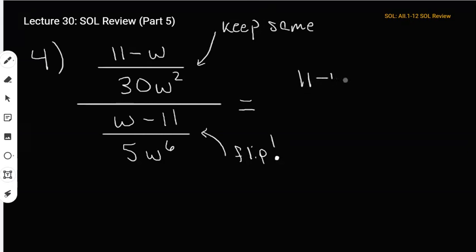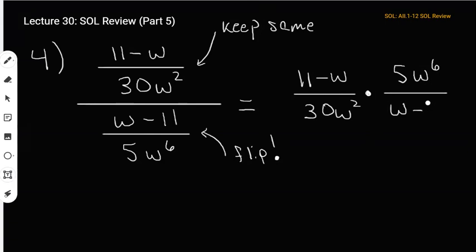So the first fraction on top says 11 minus w over 30w squared. I'll put my multiplication dot in the middle. And we're going to flip the fraction on the bottom so that it's 5w to the 6th power on top and w minus 11 on the bottom.